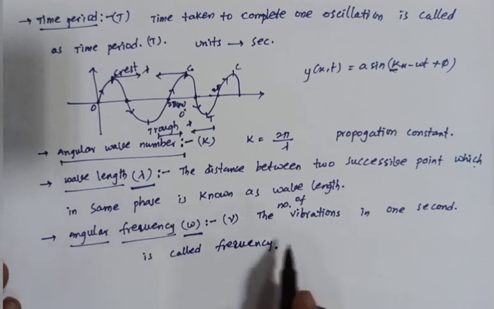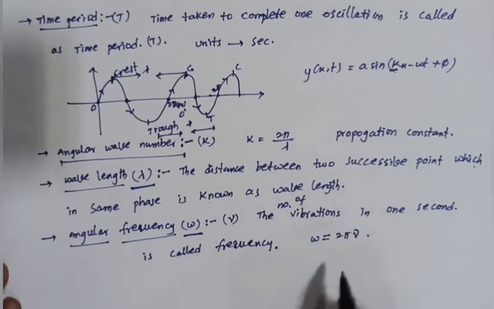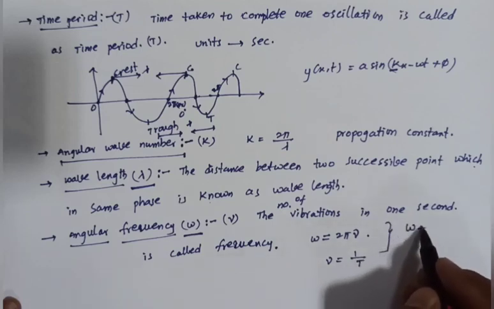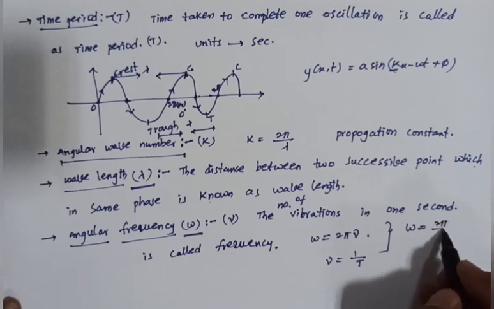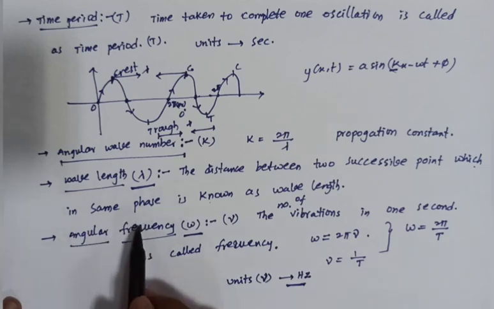Here the angular frequency omega is defined as 2 pi mu, where mu equals 1 by T. So the relation between angular frequency and time period is omega equals 2 pi by T. The unit for frequency mu is hertz, we know that. Okay, so this is about angular frequency.